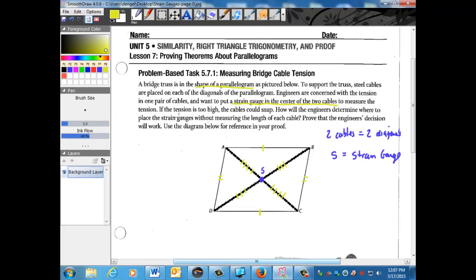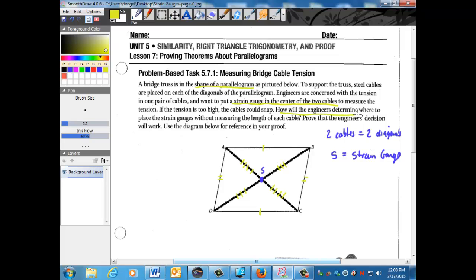And if the tension is too high, these cables could snap. How will the engineers determine where to place the strain gauges without measuring the length of each cable? Let's underline that too, because this is what we're really being asked to do.